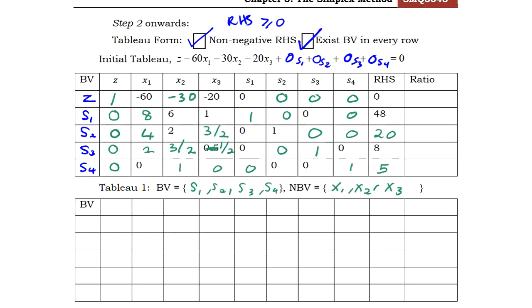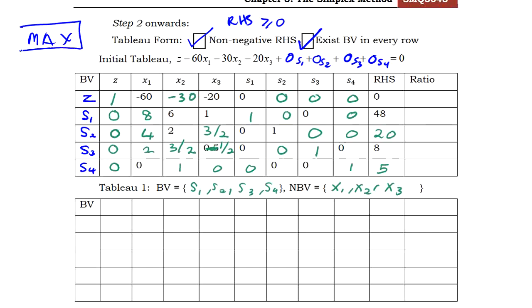So in step 3 of the Simplex algorithm, we need to check the optimality condition. Here, we need to find an entering variable to be a BV for the next tableau, which is tableau 1. How to do this is, for this example, the objective is maximize, right? So here maximize.